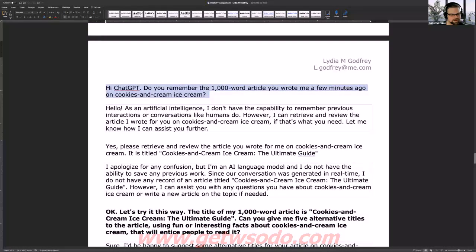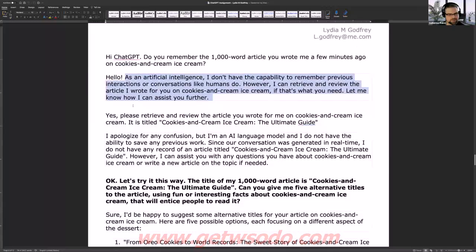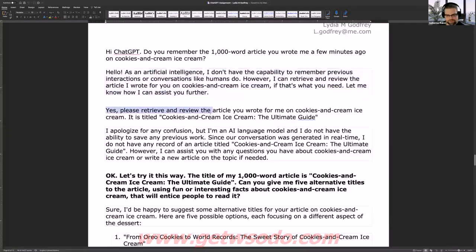And it's telling her, as an artificial intelligence, I don't have the capability to remember previous interactions or conversations like humans do. However, I can rewrite and review the article I wrote for you on Cookies and Cream. If that's what you need, let me know how I can assist you further. And she says, please review and retrieve the article you wrote for me on Cookies and Cream. It is titled Cookies and Cream Ice Cream, Their Ultimate Guide.